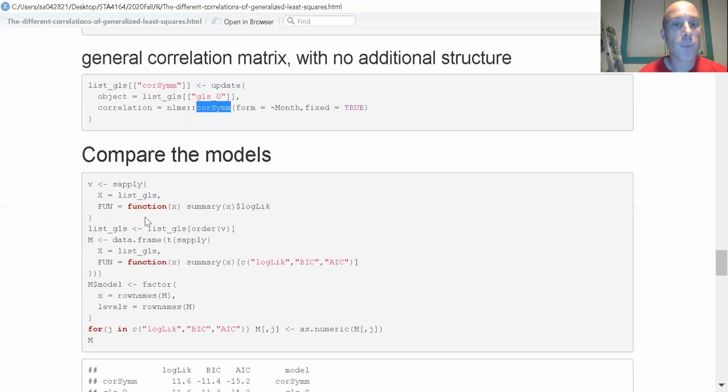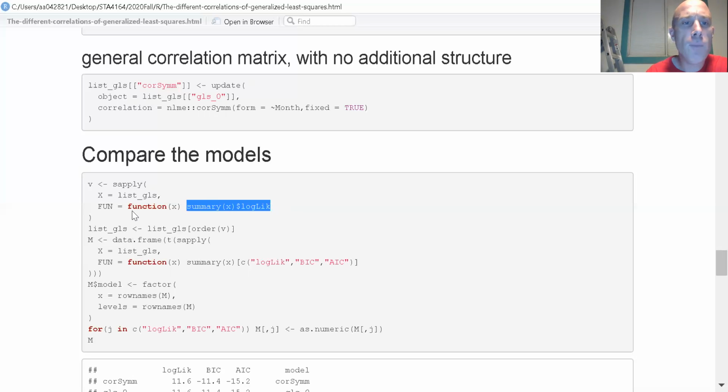Okay, so when I apply the summary function to a GLS object in R, there are a whole bunch of things that get spit out, but here we're going to focus on 3: the log likelihood, Bayesian information criterion, and the Akaike's information criterion. Why? Because those give me an evaluation of model quality. I like to look at my models ordered, worst to best or best to worst, just so I can get a feel for what's going on.